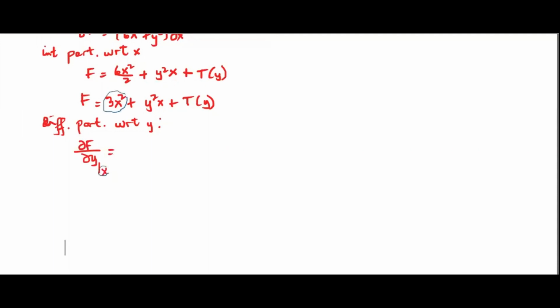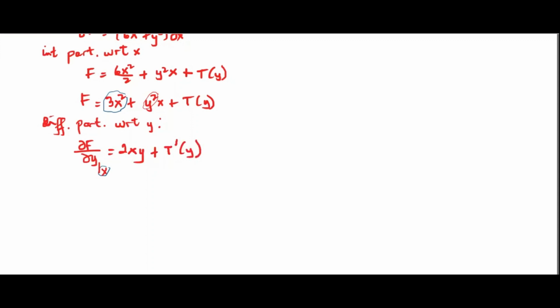X is treated as a constant. What will I have? Zero po. Yung susunod, x is treated as a constant, pwede mo na lang ilabas yung x, and i-differentiate mo yung y squared. And what is the derivative of y squared? Di ba 2y? Okay. Plus the derivative of t of y, which we may write as t prime of y. Nakuha?